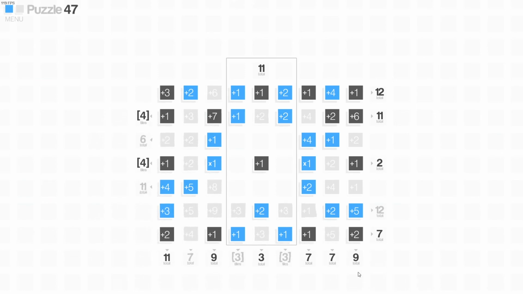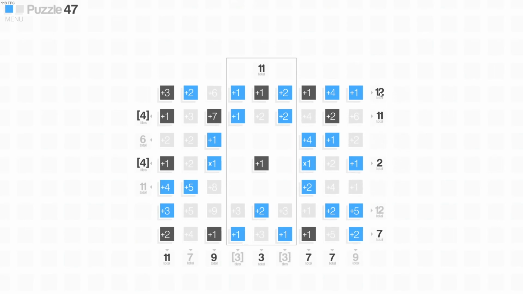But we can look at this last column here. Total is 9, and we already have a 5, so it can't be 6. And it actually has to be all of these to get there.